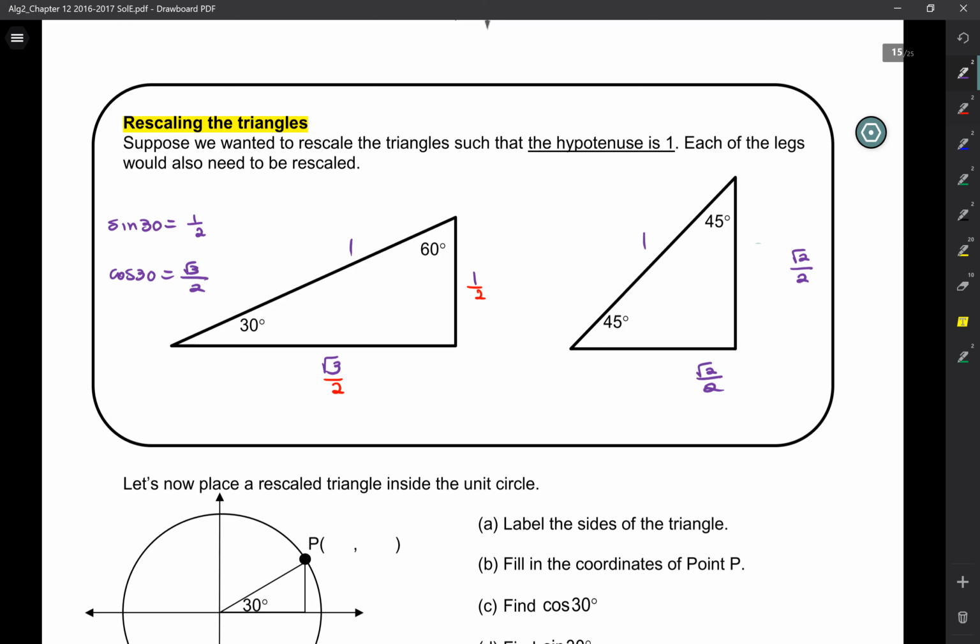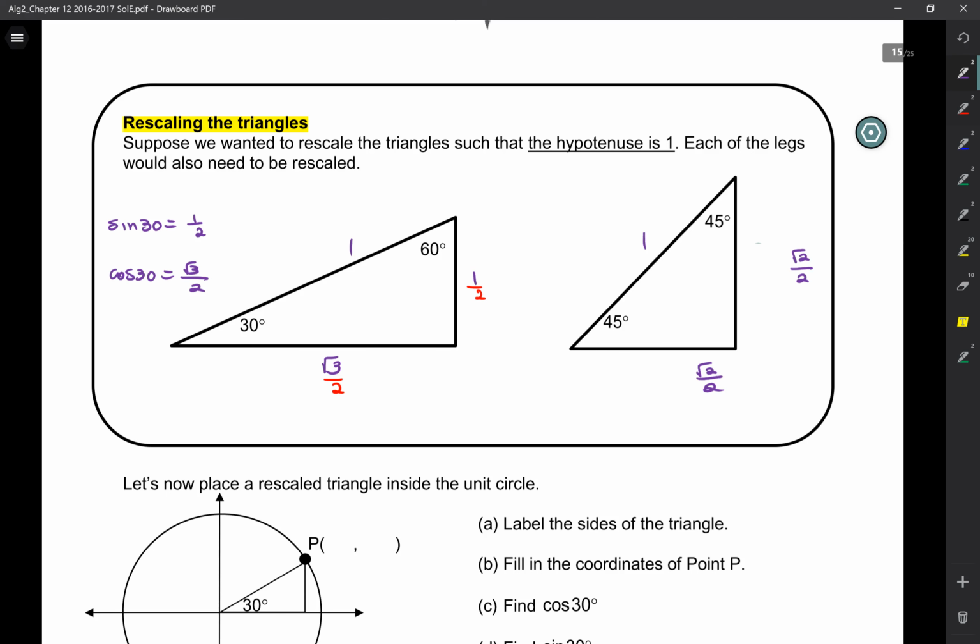I said to myself, all right, 30 degrees between these two, that's the smaller angle. It must face the smaller side, right? So now if I want to find sine of 30 degrees, that's the side that the angle faces. Oh, that's 1/2, so it's 1/2.